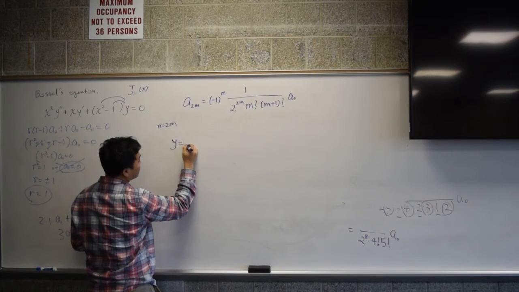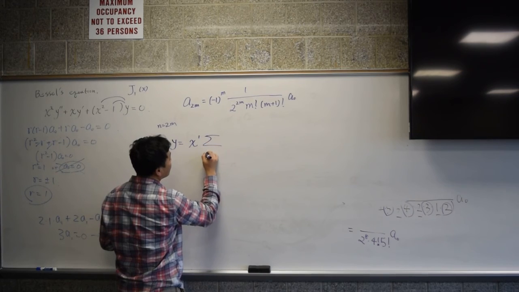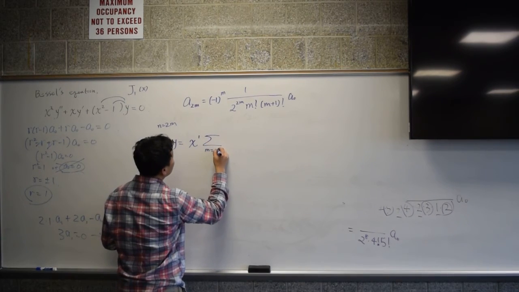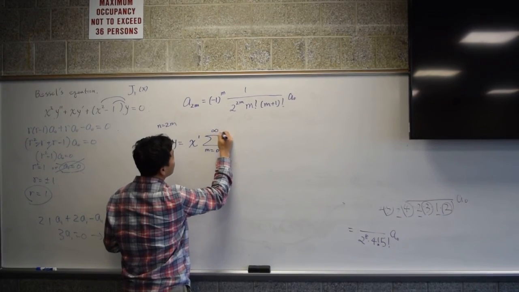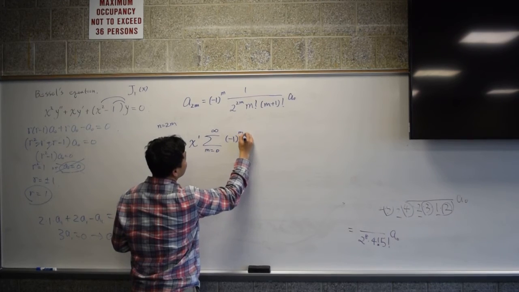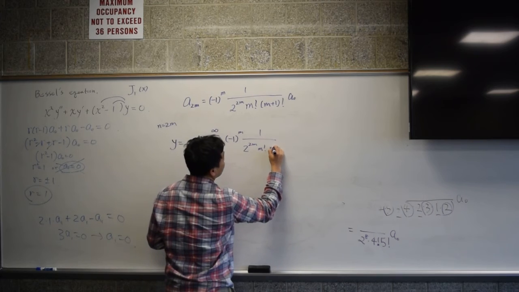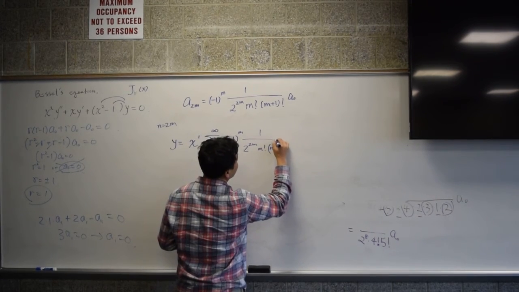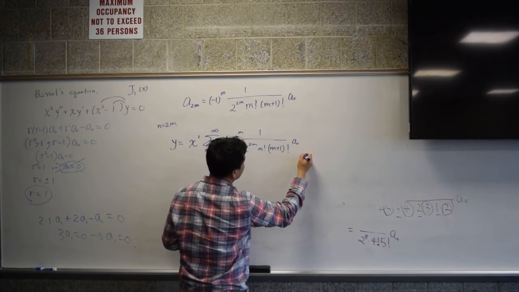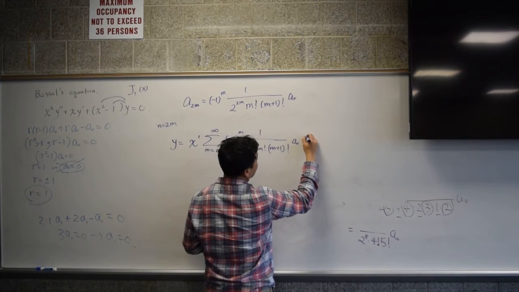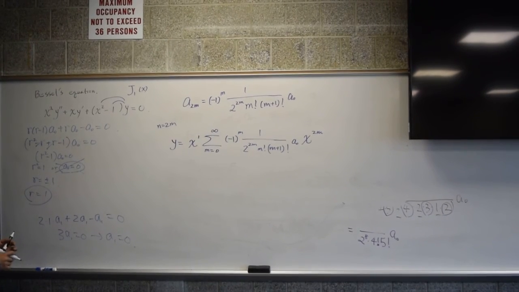What was the solution? y is equal to x to the 1, because r was 1, times the sum over m from 0 to infinity of -1 to the m, 1 over 2 to the 2m, m factorial, m plus 1 factorial, times A0, and x to the 2m. So that's what you get.